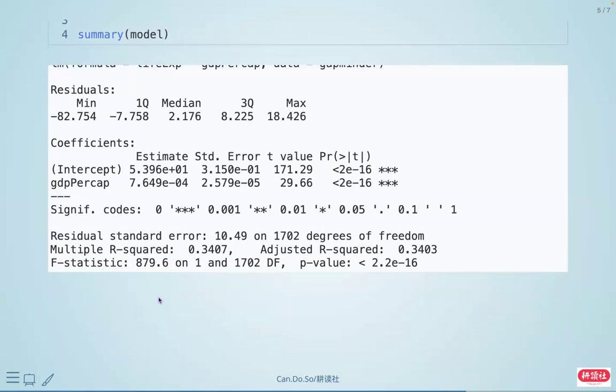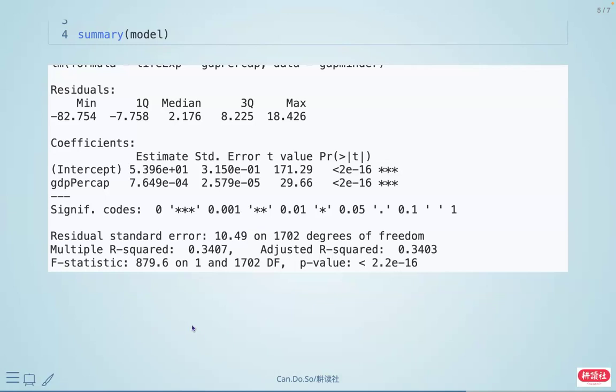For GDP per capita, we normally will not consider a $1 increase. We normally will consider a $1,000 increase.